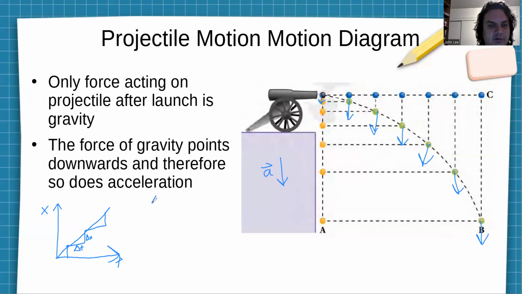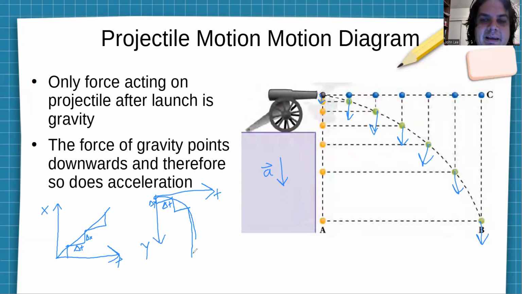But if we showed our diagram of y versus t, it would act like a parabola, which means that the change in y over the change in time, so delta y over delta t, is going to get bigger the farther out you go.